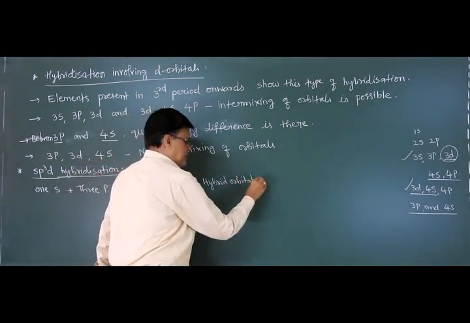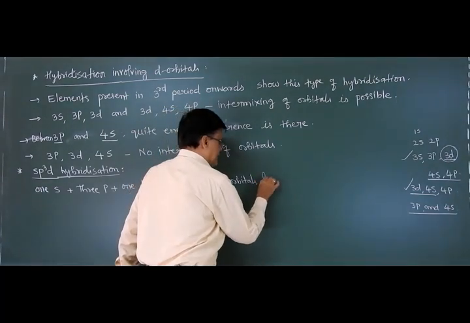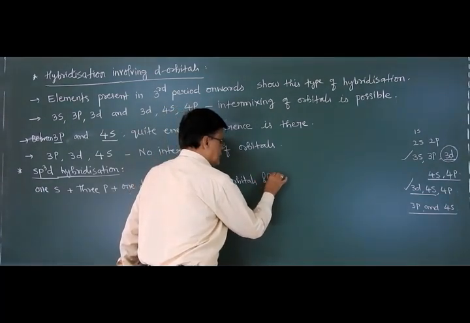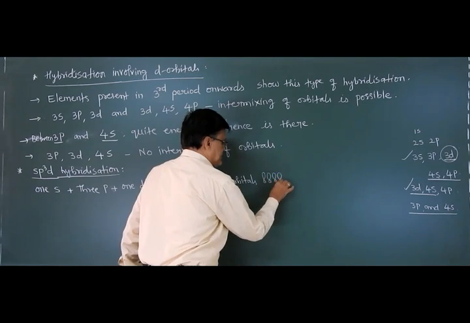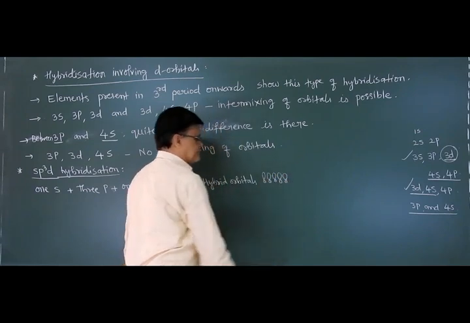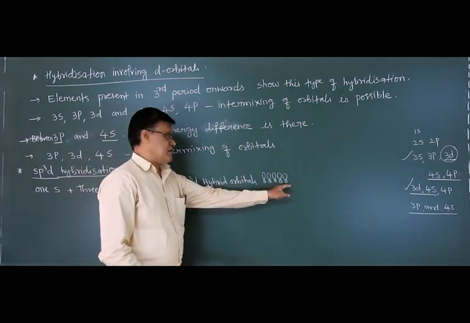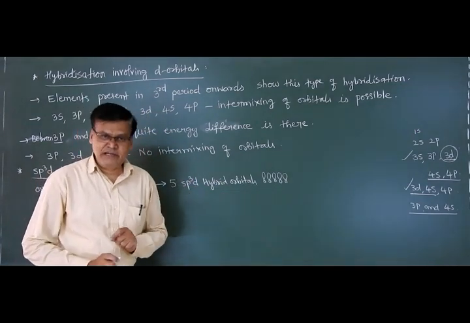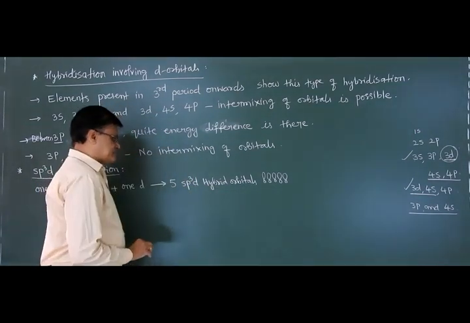This is 1, this is 2, this is 3, this is 4, this is 5. All our hybrid orbitals are identical in all respects.